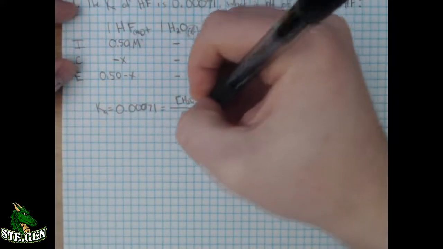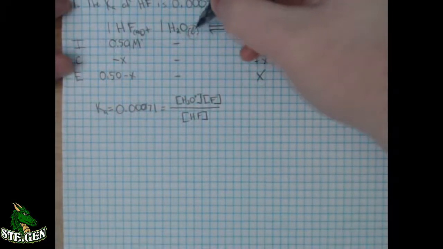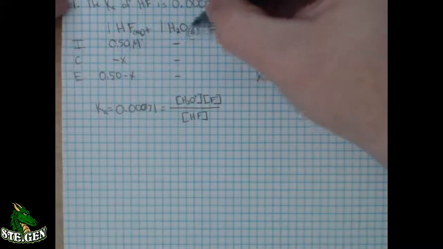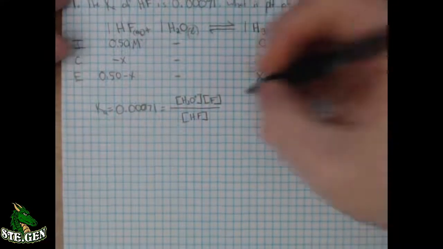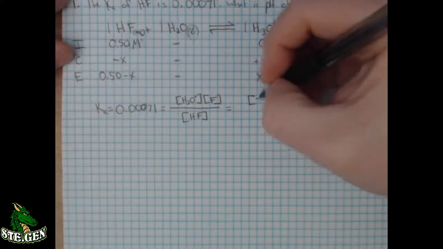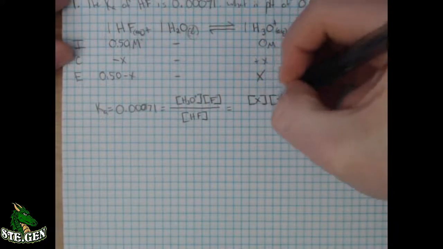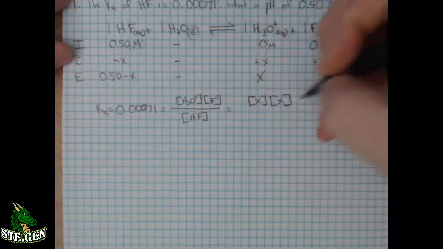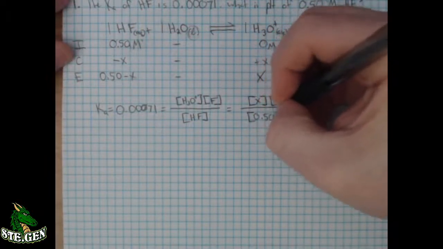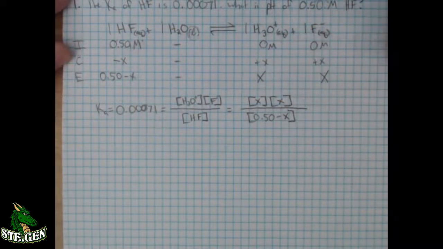And again, we don't put water because even though in some of the problems you have been including it, it was talking about water vapor. This is liquid water, so liquid water is ignored. So we're going to go ahead and plug in our values that we know. We'll have x times x, divided by 0.50 minus x.